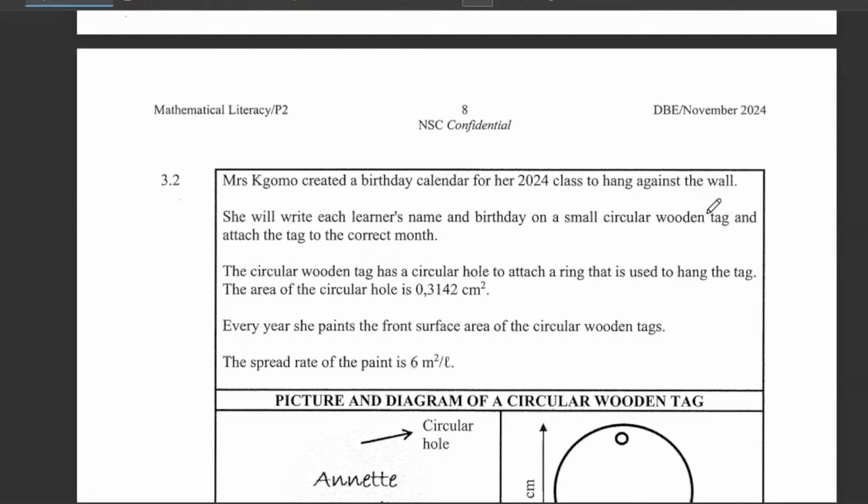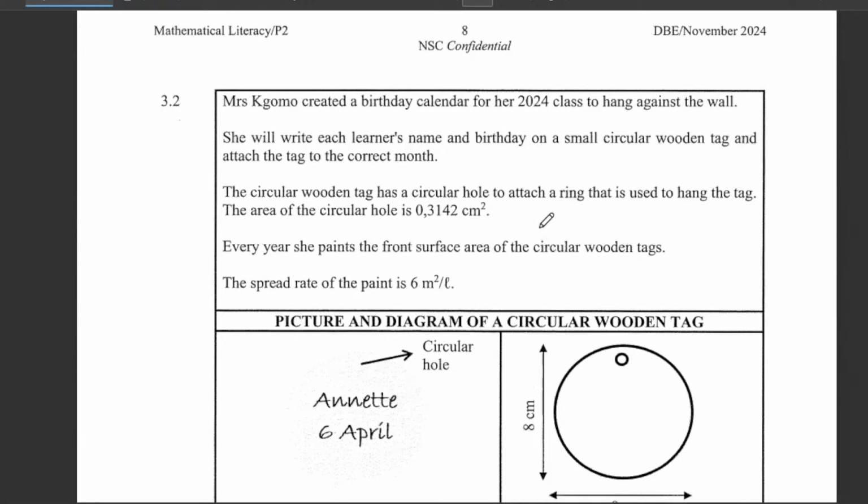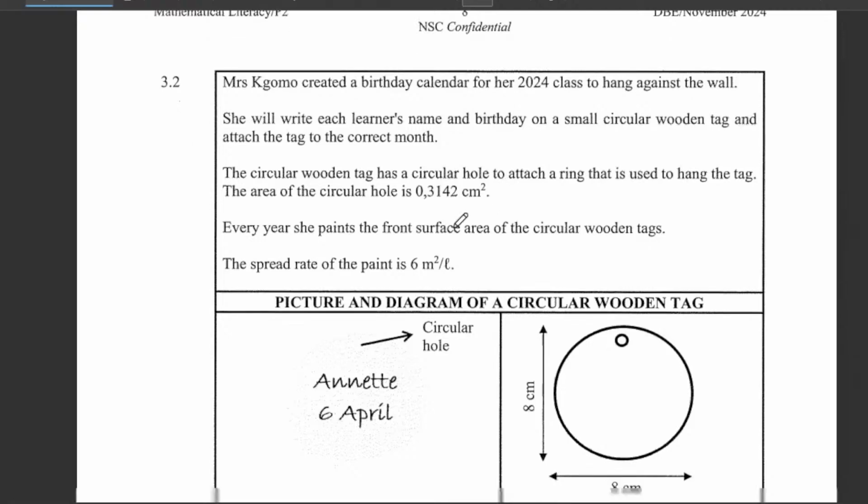She'll write each learner's name and birthday on a small circular wooden tag and attach the tag to the correct mark. A circular wooden tag has a circular hole to attach a ring that is used to hang. The tag area of the circular hole is this much. This small hole has an area of that much.